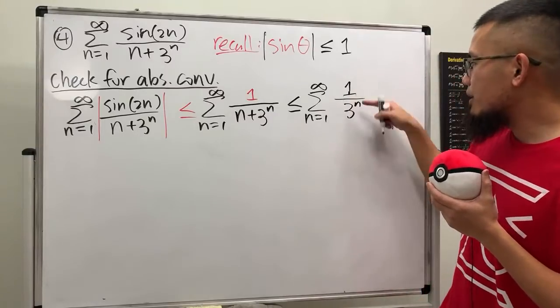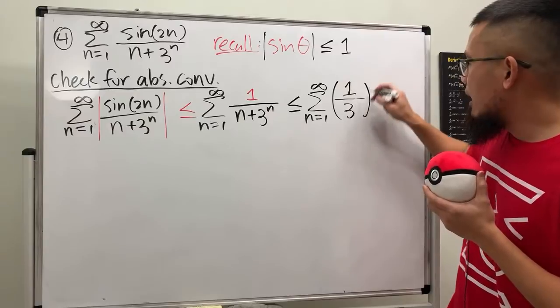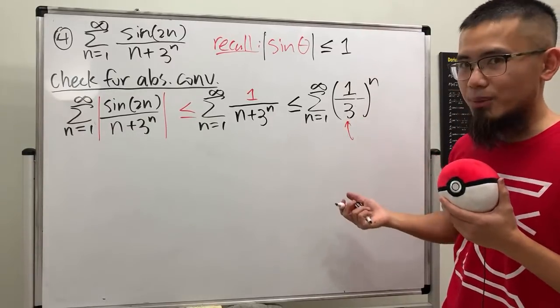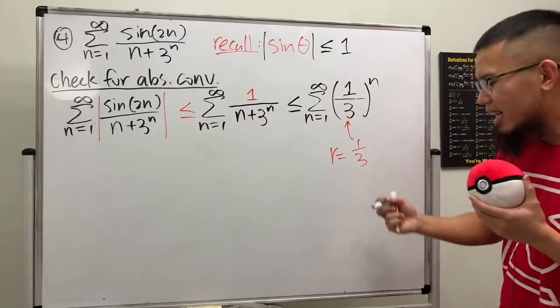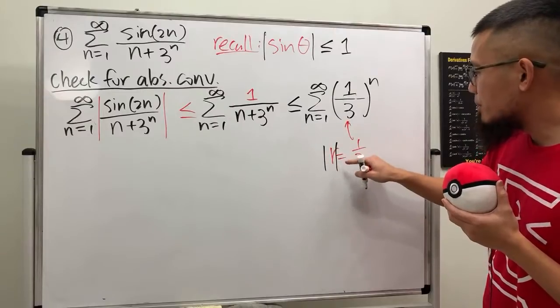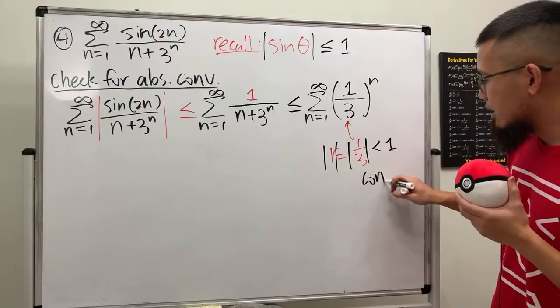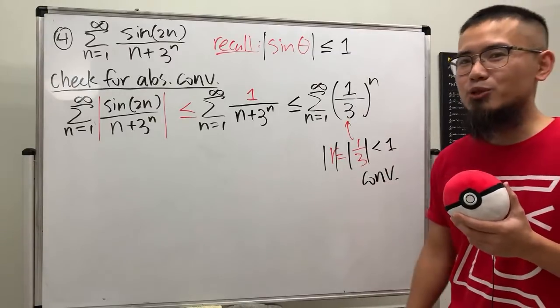And if you want to write this down a little bit nicer, well, you can just put the n right here, and you see this right here, it's again geometric because r is equal to 1/3. And once again, don't forget, you should tell me the absolute value of r is less than 1, and this right here converges, right? Because of the geometric series.